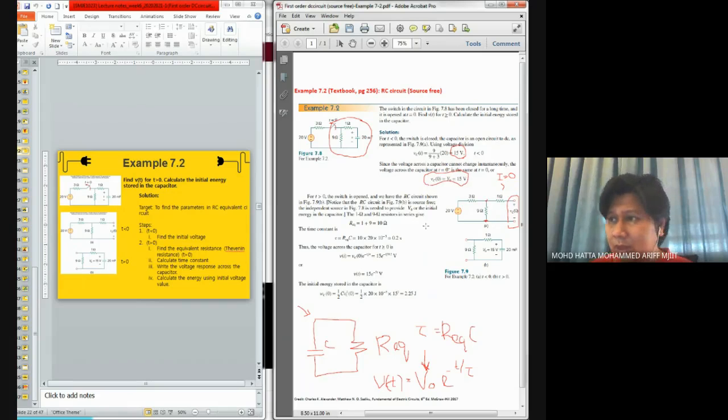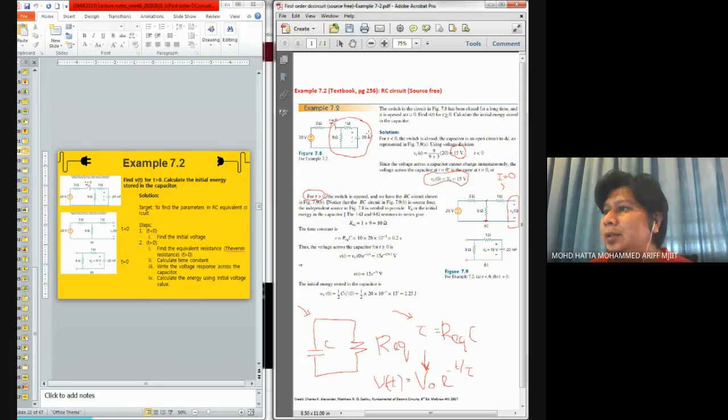Later on, we try to work out the tau by analyzing the circuit at t greater than 0. If you consider time greater than 0, it means the switch over here will be open.